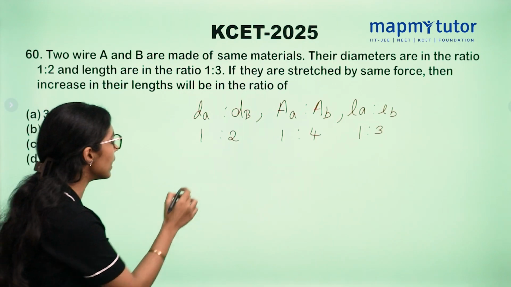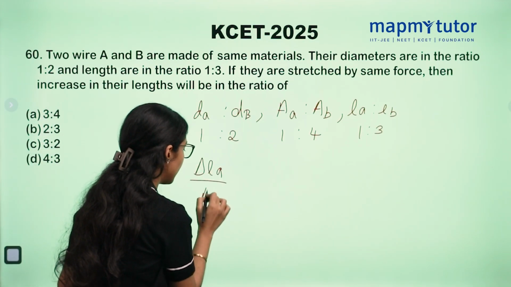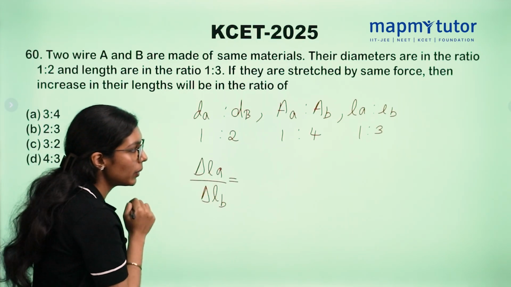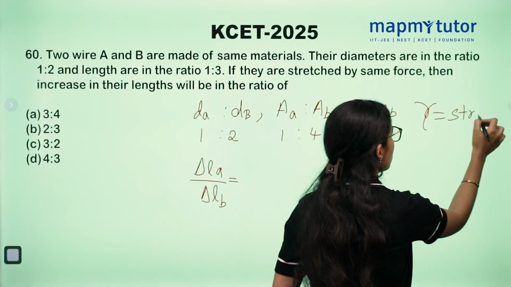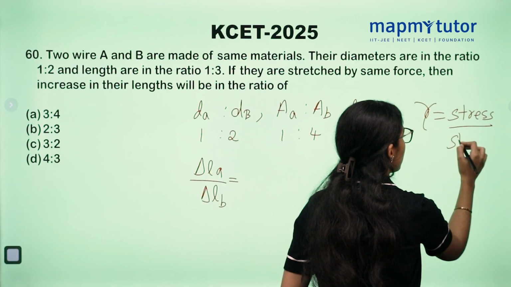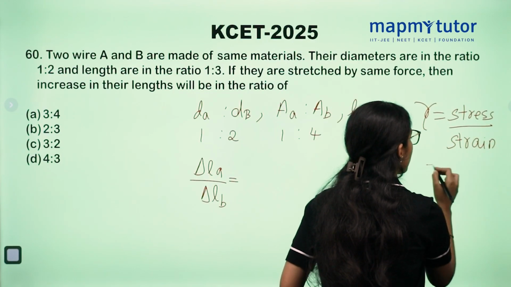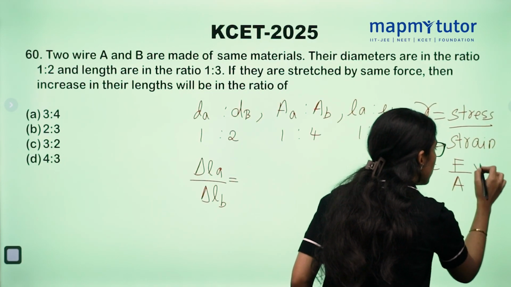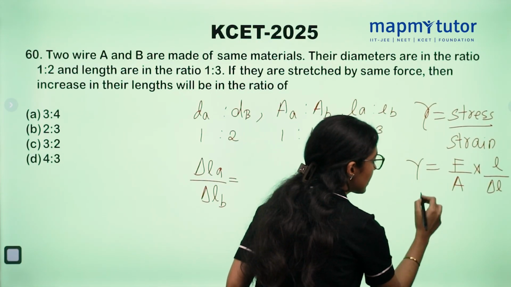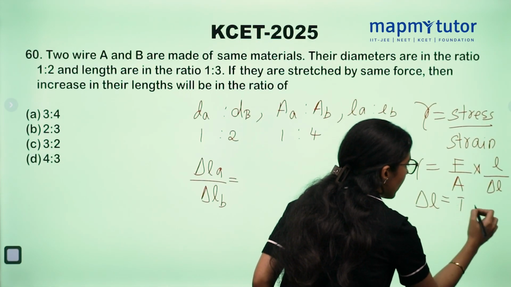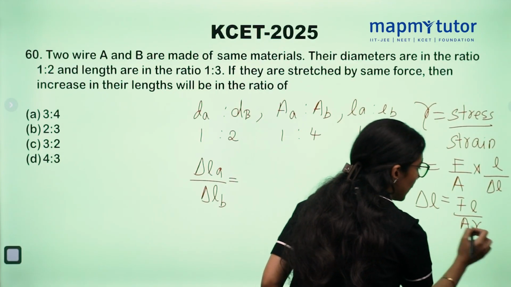They are asking you delta LA by delta LB. How will I do it? I know gamma equal to stress by strain. Stress is force by area. Strain is delta L by L. I take delta L this side. So it will be FL by AY.